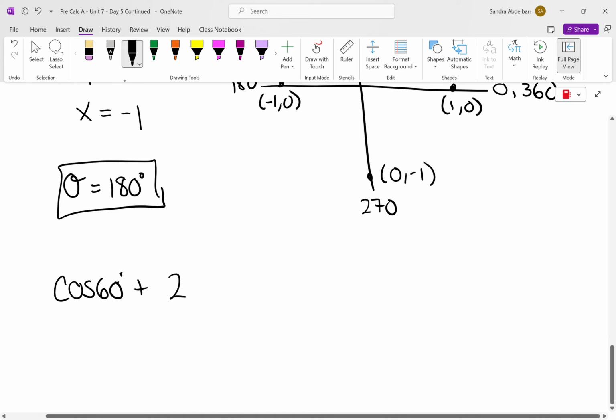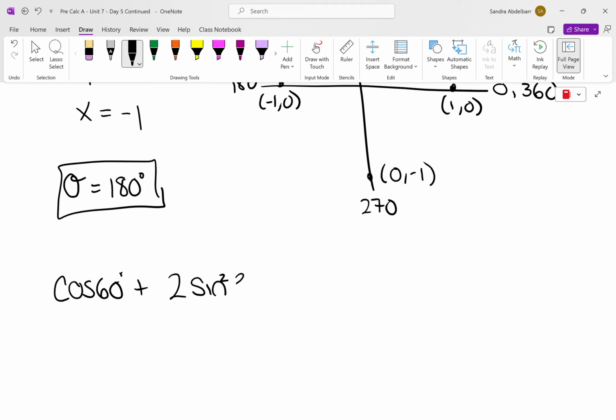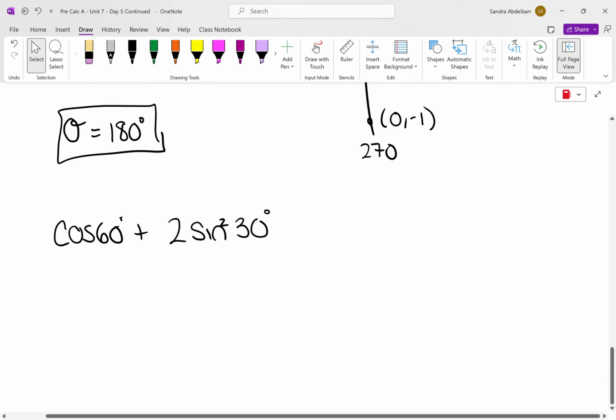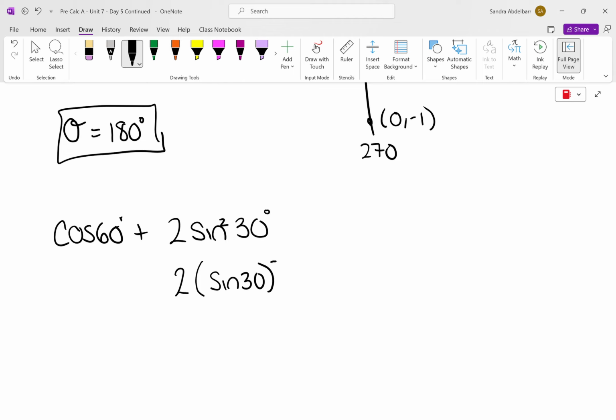Say I want you to find the cosine of 60 plus 2 sine squared of 30. So remember, when you have that sine squared, this is the same as saying 2 times the quantity of sine of 30 squared. So you first find the sine of 30, then you square it, then you multiply the 2.